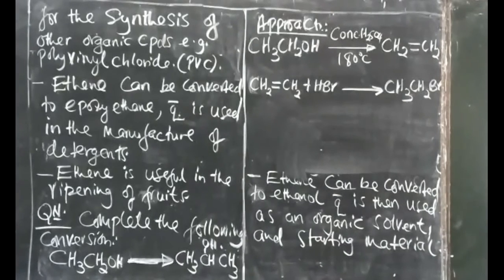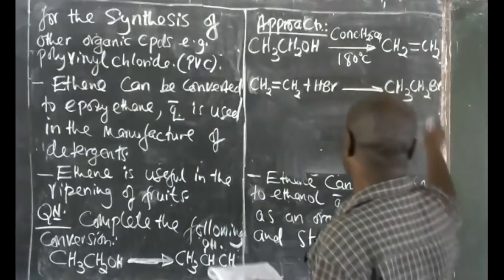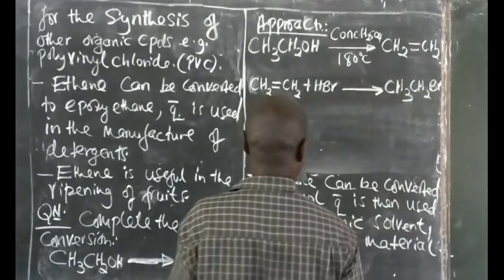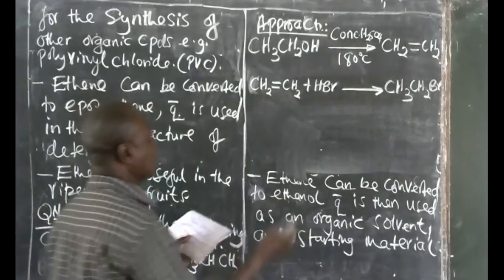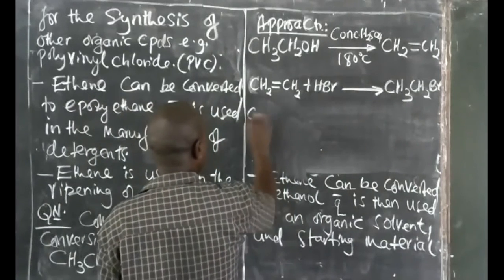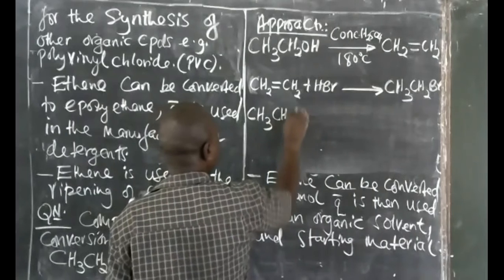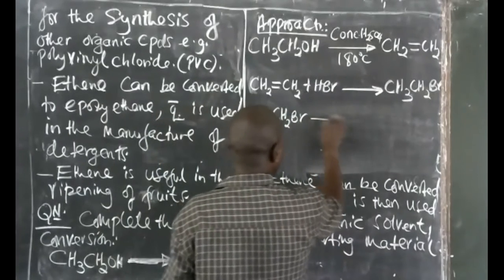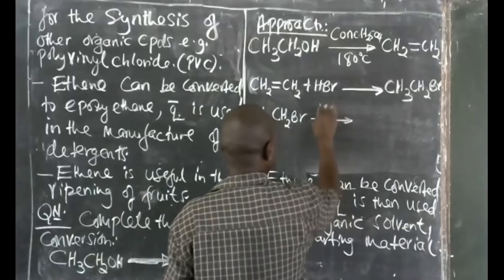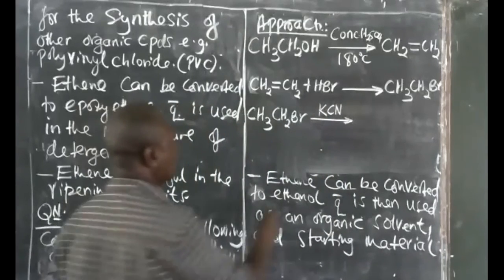After that, we can convert that one. You can react it with cyanide in presence of ethanol. We want to elongate the carbon chain. So you can have CH3CH2Br. We react it with potassium cyanide in the presence of ethanol.